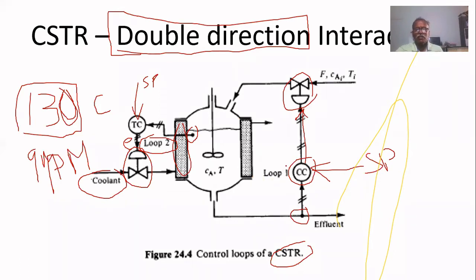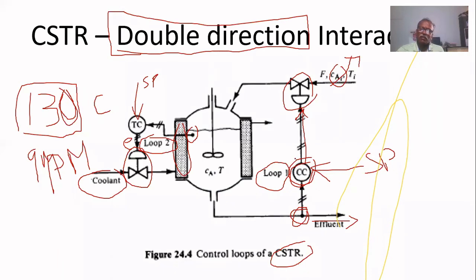First, let us assume that in loop 1, the composition entering will deviate. Raw material is entering here. If there is any deviation in the composition of raw material, definitely there will be a change in composition in the effluent, the outflow. The composition sensor notices the deviation.